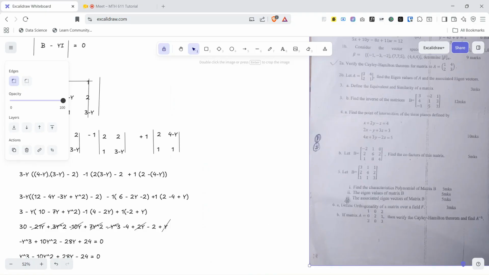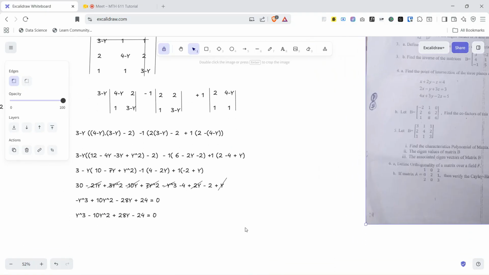That is what getting the eigenvalue is about, getting all the values of lambda. This is a cubic equation.